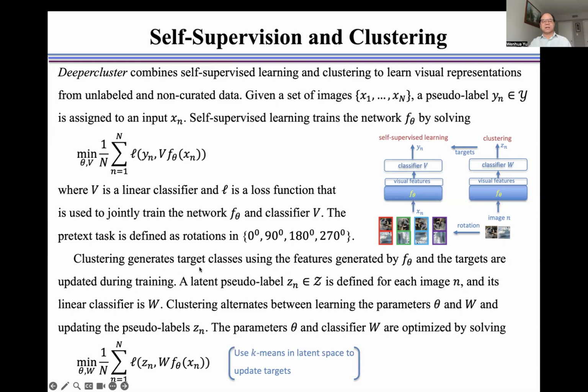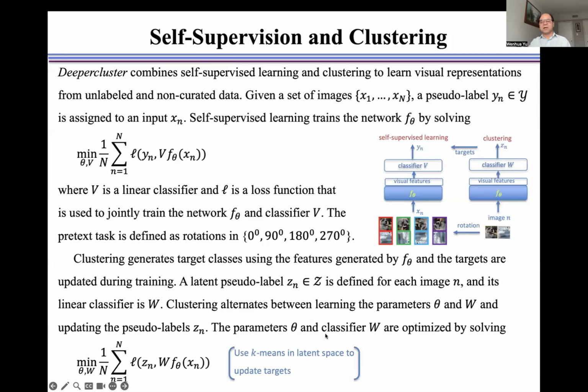Clustering generates target classes using the features generated by the network f theta, and the targets are updated during training. A latent pseudo-label Zn is defined for each image n, and its linear classifier is W. Clustering alternates between learning the parameters theta and W and updating the pseudo-labels Zn.